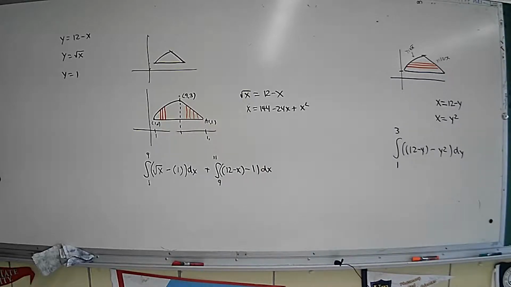You don't have to deal with the radical. Screw that radical. Nobody wants to deal with a radical. This is cute little y squared. Easy antiderivatives. Okay? You throw a radical in there and then everybody's head falls off.